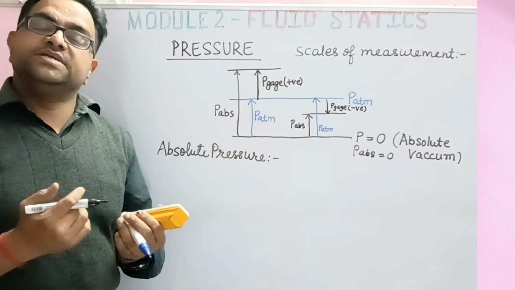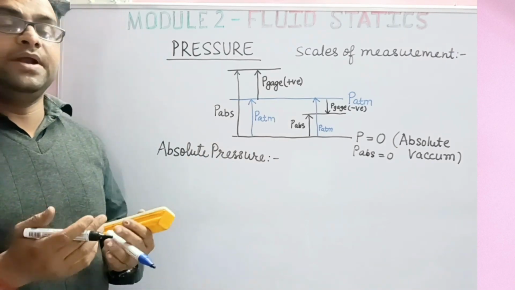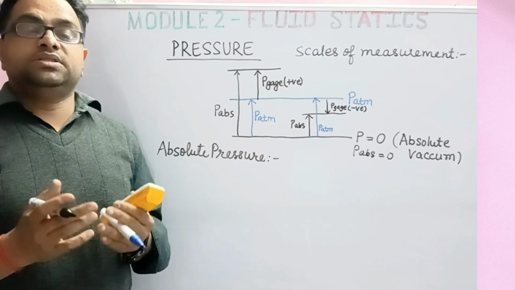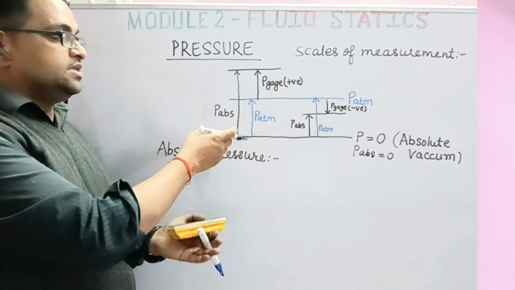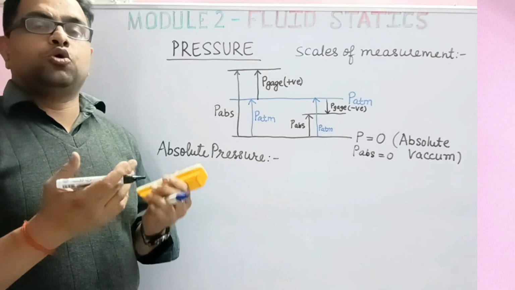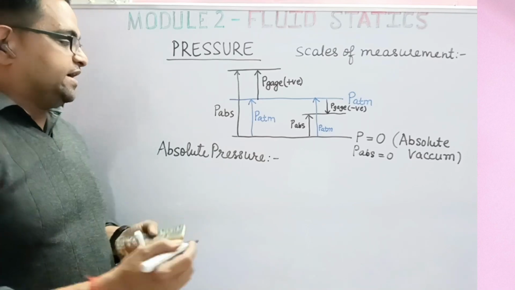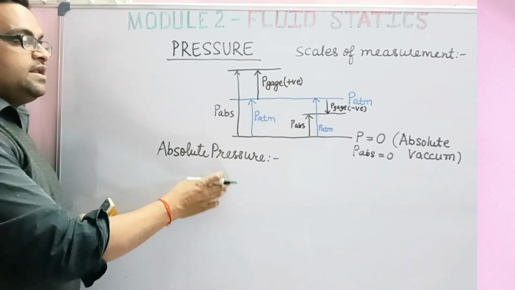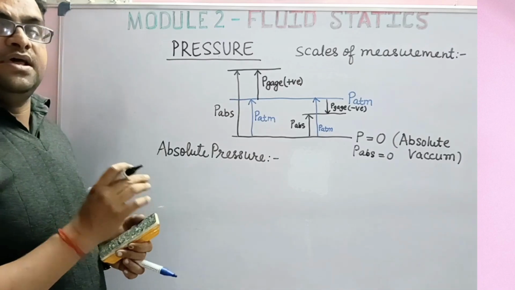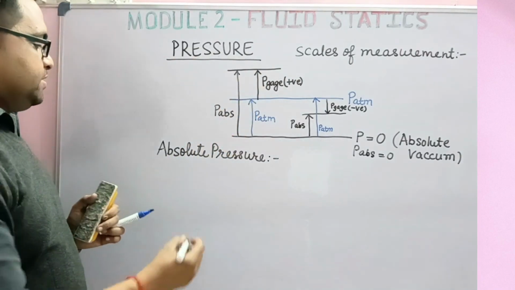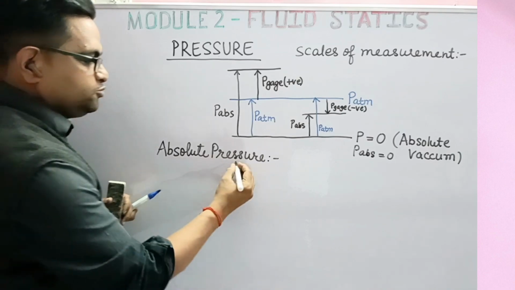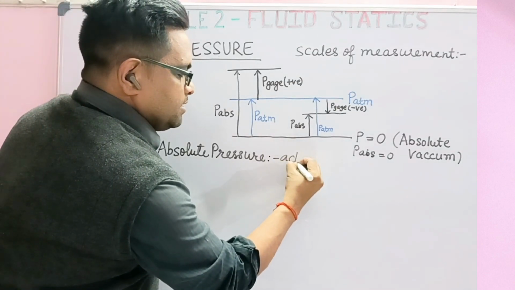Now, most pressure measuring devices, however, are calibrated to read zero in the atmosphere, and so they indicate the difference between the absolute pressure and the local atmospheric pressure. The difference between the absolute pressure and the local atmospheric pressure is what is referred to as the gauge pressure.